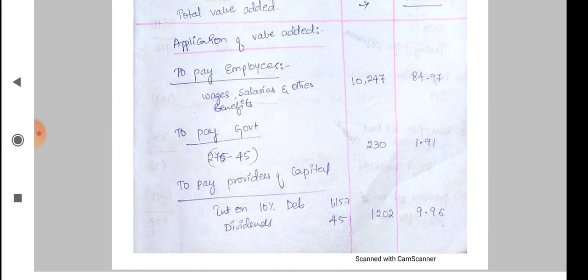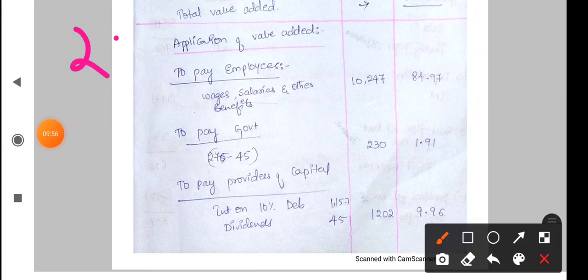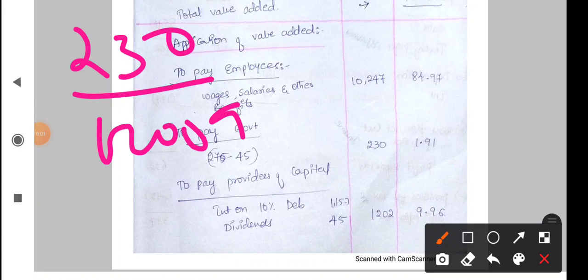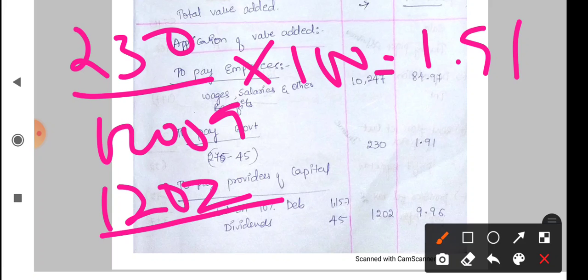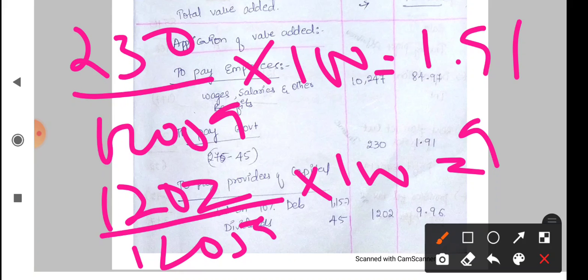Similarly 230 divided by 12,059 into 100, you will get 1.91. Similarly, 1,202 divided by 12,059 into 100, you will get 9.96.